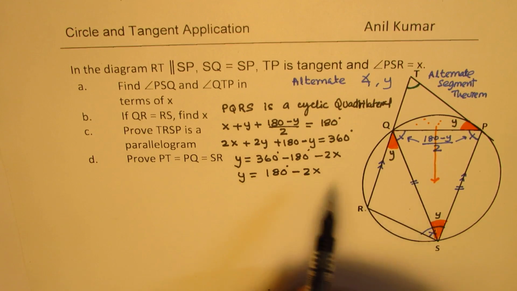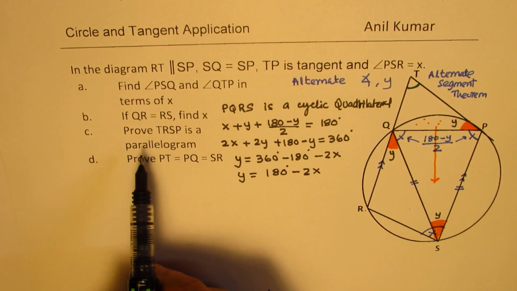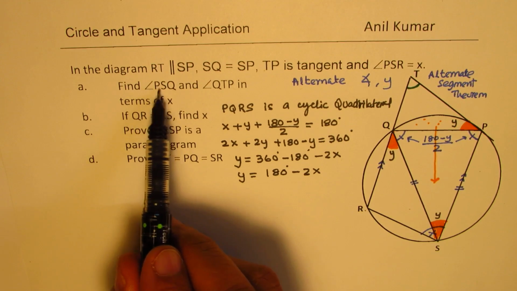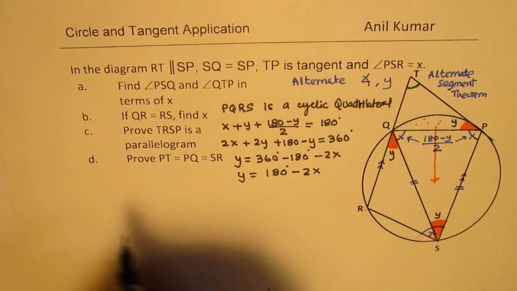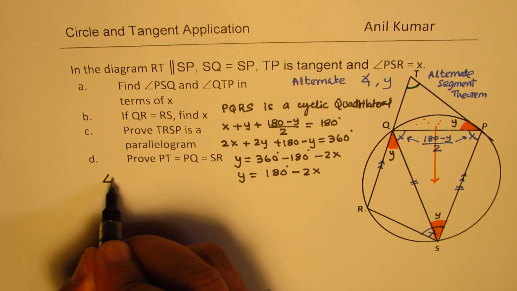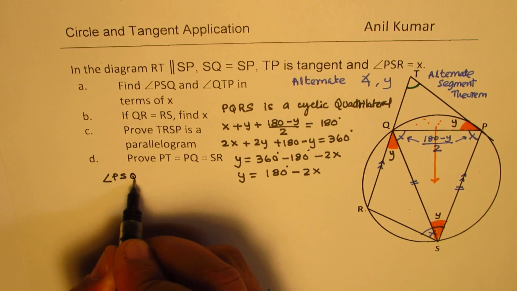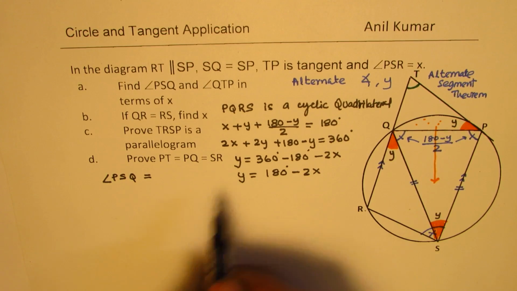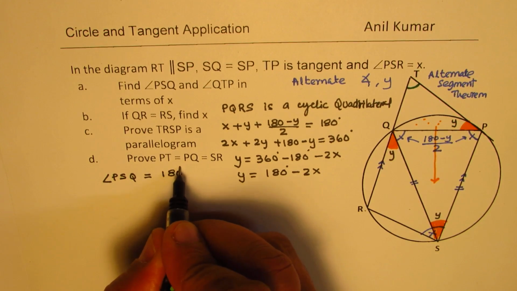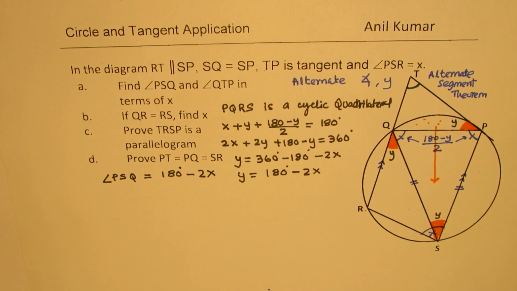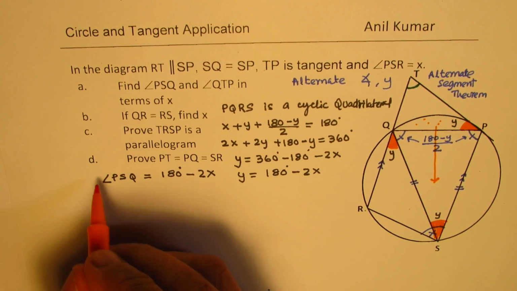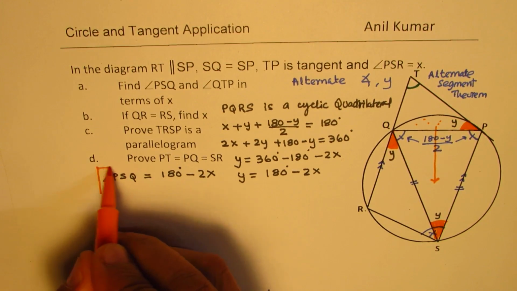So that is the angle PSQ, which is equal to y, equal to 180 degrees minus 2x. Okay, so we got one angle. Let's highlight this.